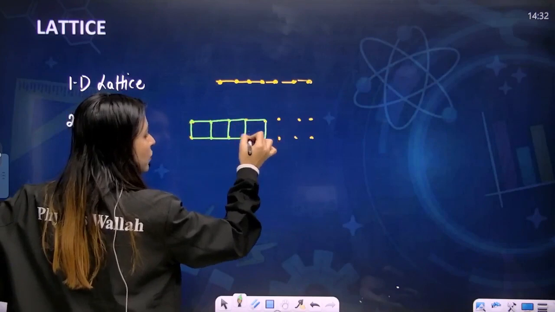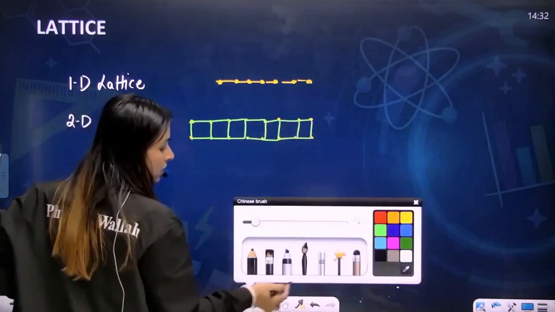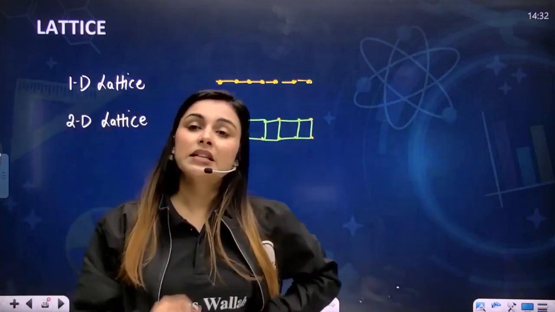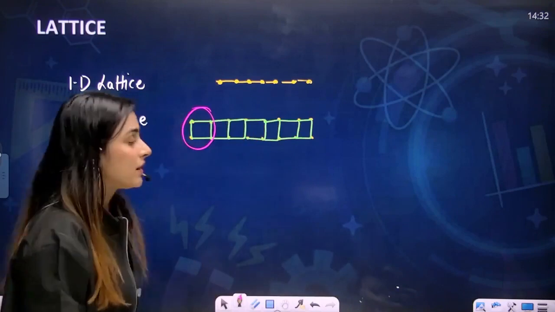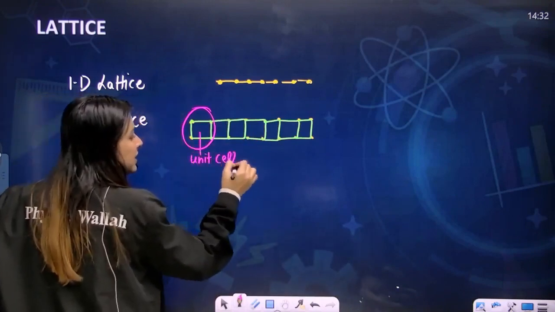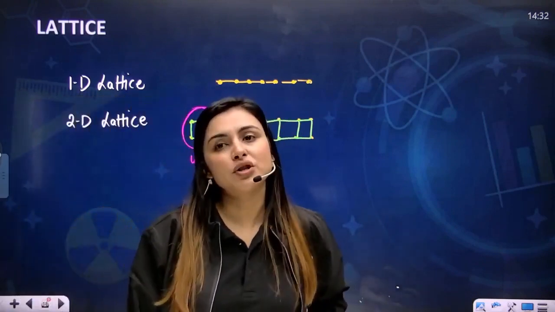Can you see in this two-dimensional lattice that this particular square is repeating again and again? So this one particular cell will be known as your unit cell, and since it is repeating again and again in two dimensions, it will be your two-dimensional lattice.